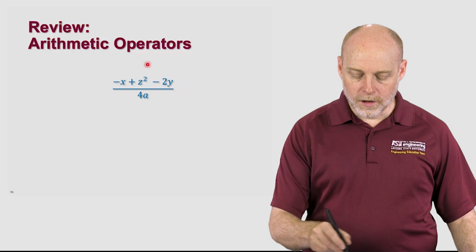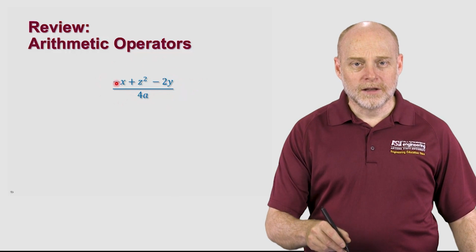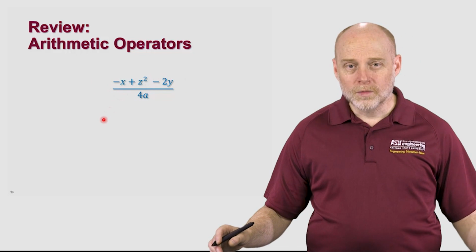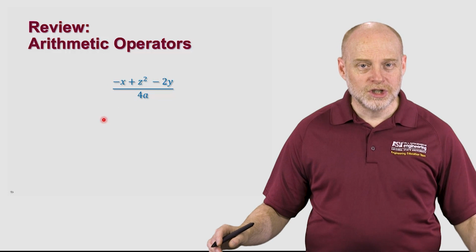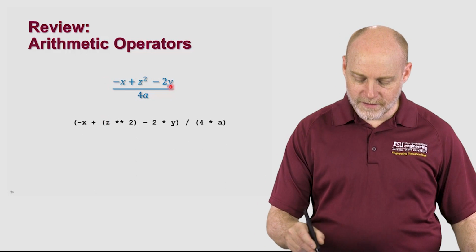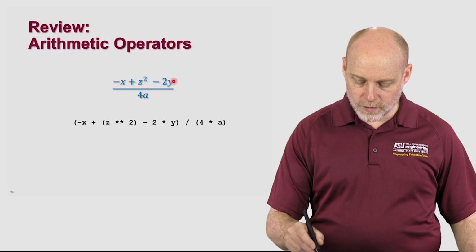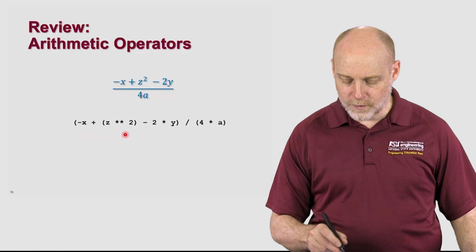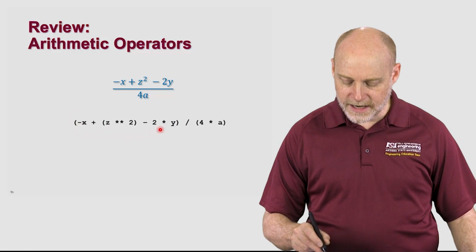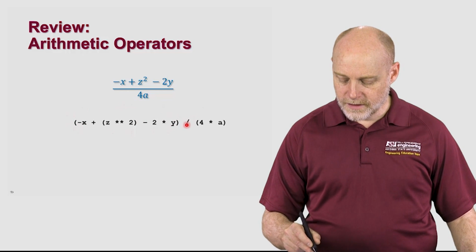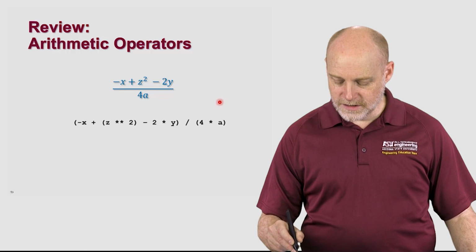We can also always take the kinds of mathematical expressions that we're probably used to seeing formatted algebraically and render them in a linear form using just the mathematical operators of a programming language like Python or Java. And so here's an example. We have this algebraic expression with this whole top half being divided by this bottom half. And we can express that in a linear form, a textual form, by placing all the elements of the top half inside a set of parens, dividing by the bottom half, which is inside of a set of parens.